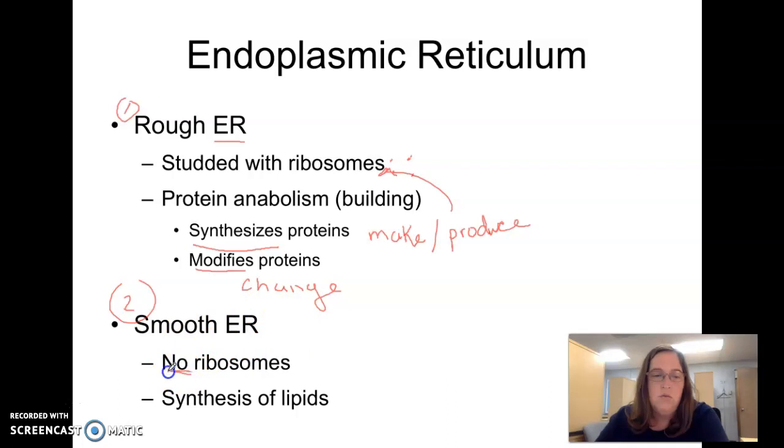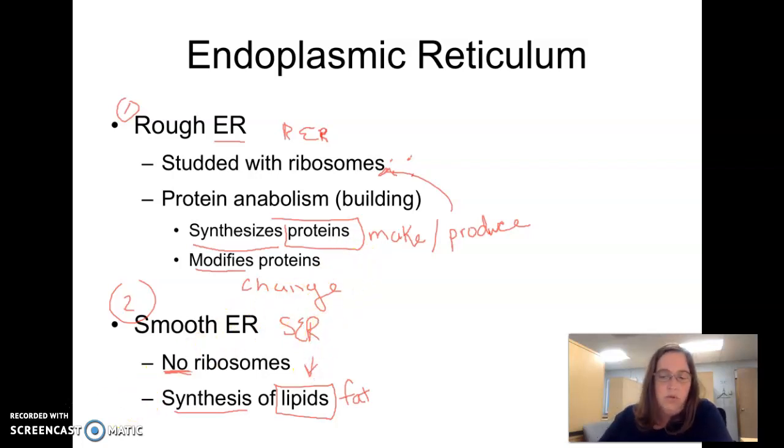Smooth has no ribosomes, and so what it synthesizes is lipids. Remember, lipids are a type of fat. Ribosomes are going to work with the proteins. So rough ER, also known as RER, is going to do protein synthesis. Smooth ER, which is SER, sometimes has to do with the lipids.